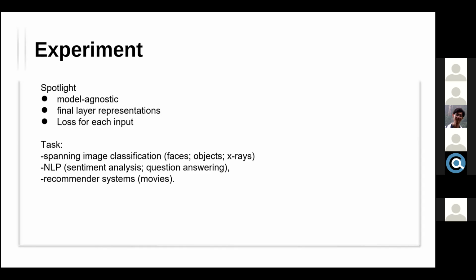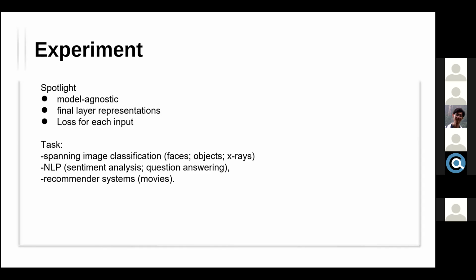Okay. But they did a lot of experiments because they claim that Spotlight is model agnostic. It only needs the final representations and loss of each input. So it can be applied in many tasks like image classification, NLP tasks such as sentiment analysis or question answering, or even recommendation systems.